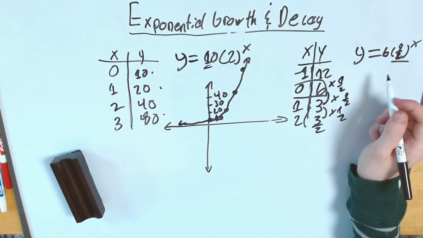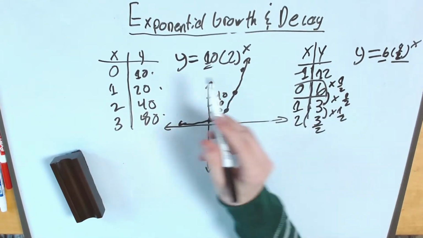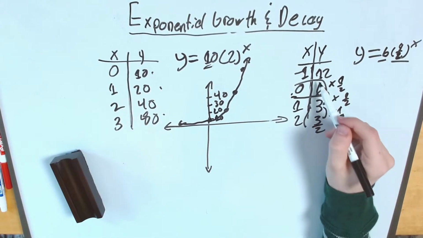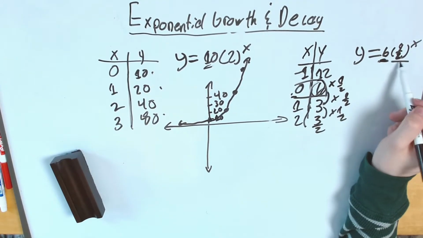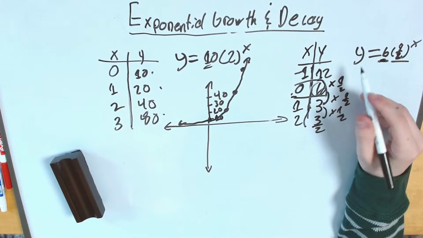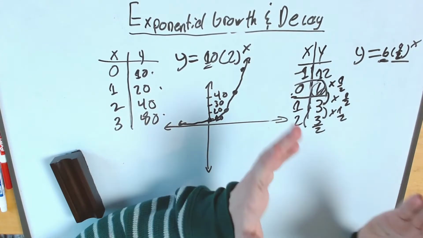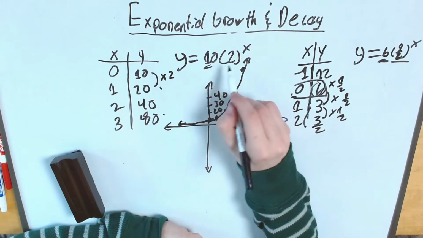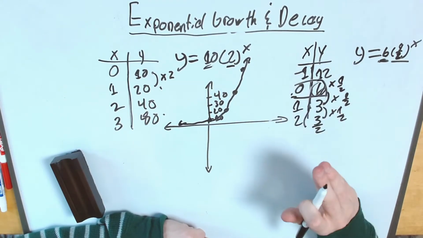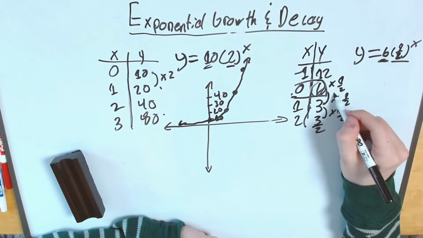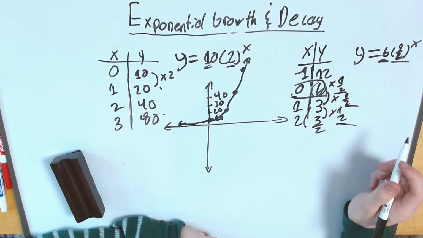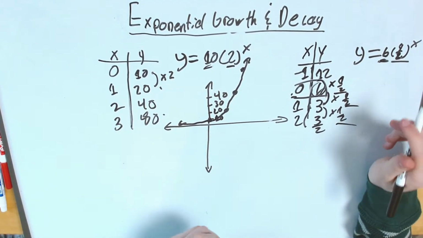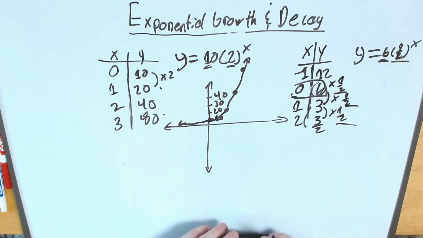And that's how I know what my constant is going to be. Whenever my x value is 0, my y value is going to be that constant outside of my rate, right? And my rate is, of course, how much smaller or bigger I was getting. So in the growth example, I was getting 2 times bigger, so I knew my rate, what I raised to the x, would be 2. In this case, I'm getting a half smaller, so I knew that my rate's going to be 1/2. So I have 6 times 1/2 to the x.